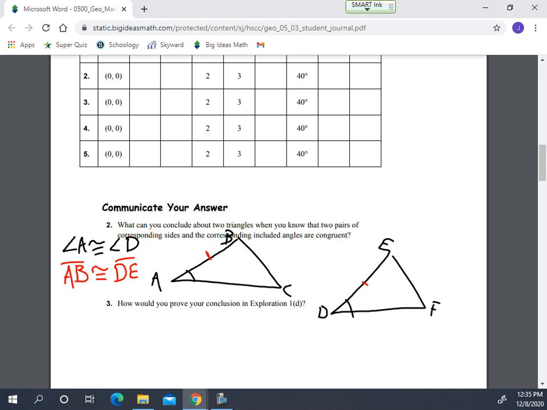And lastly, let's say AC is congruent to DF.